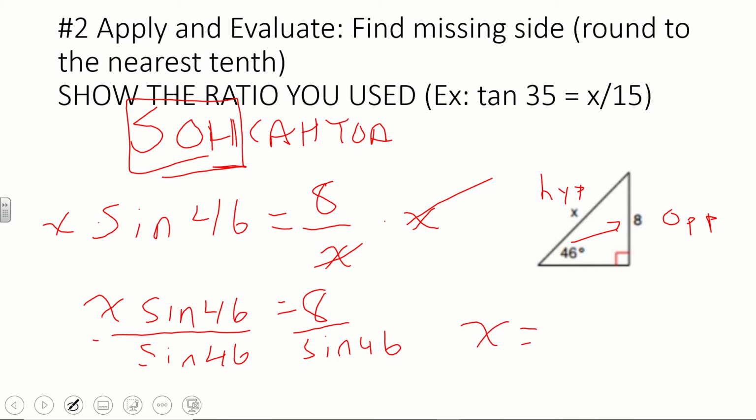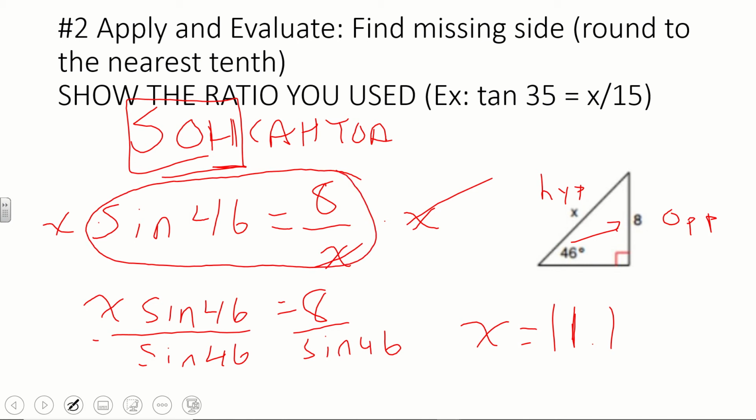So I have 8 divided by the sine of 46, which to the nearest tenth is 11.1. So again, the key points are this ratio right here, sine of 46 equals 8 over x. And then your solution rounded to the nearest tenth, 11.1.